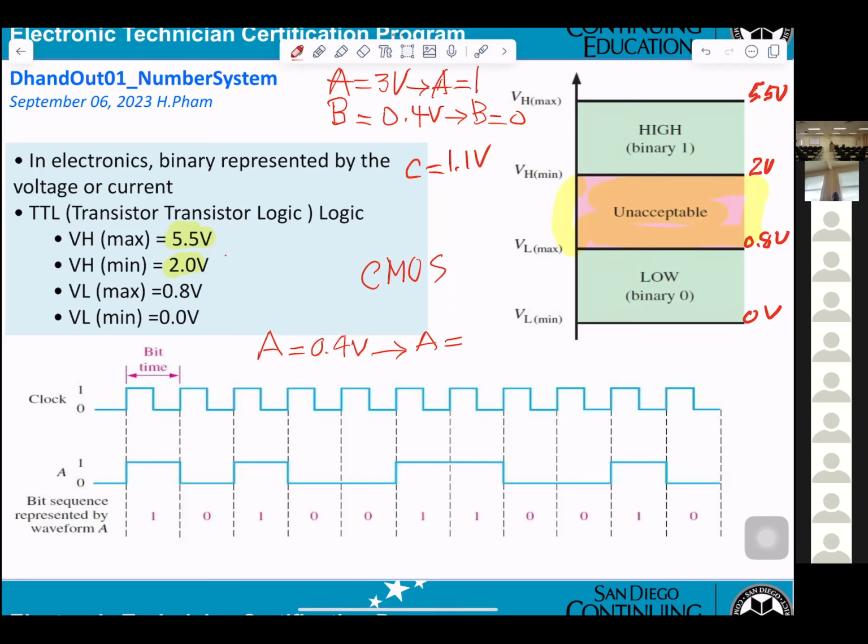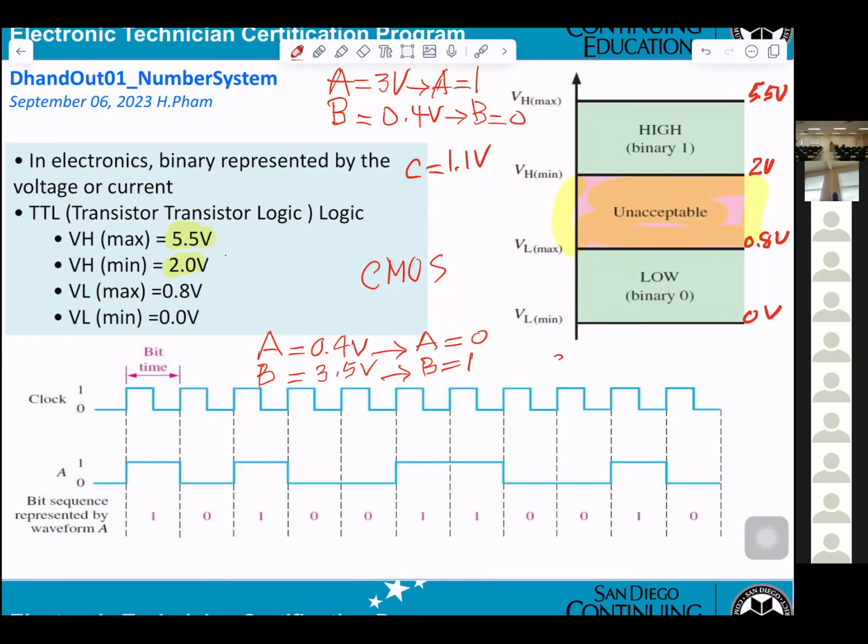The thing is you need a number. If you get a B, 3.5 volt, what is B? That should be 1. Perfect.